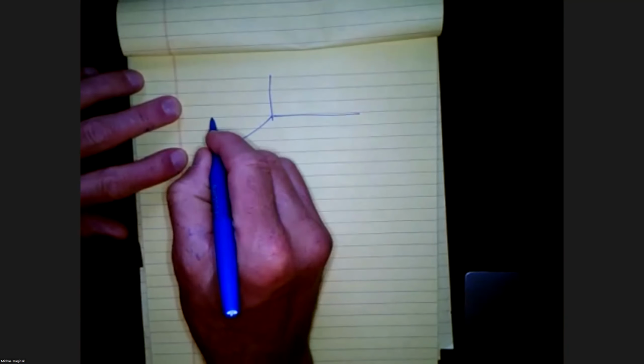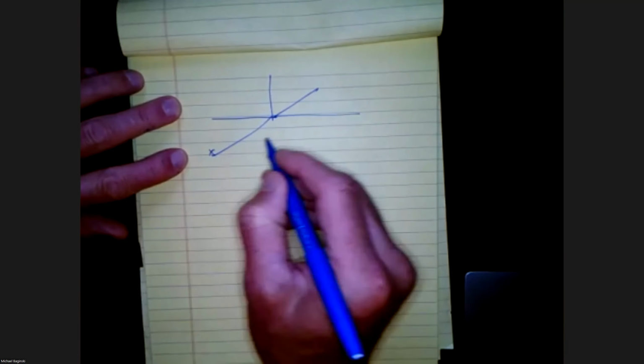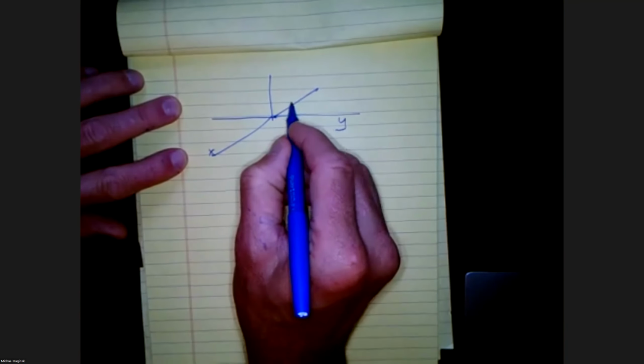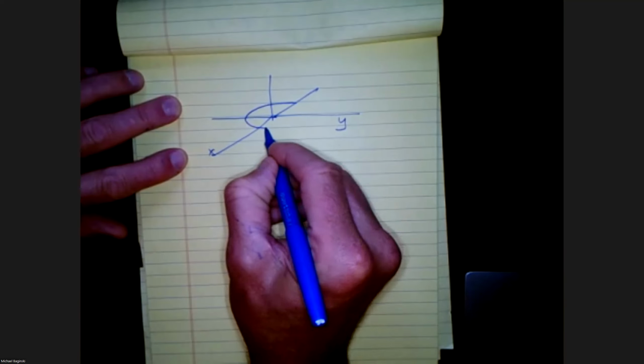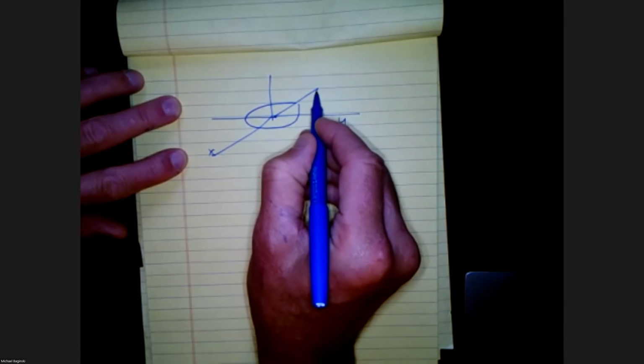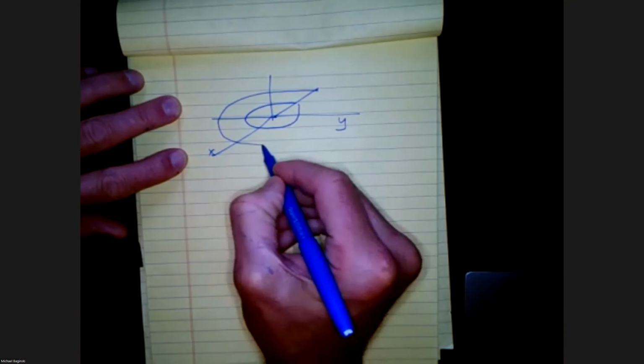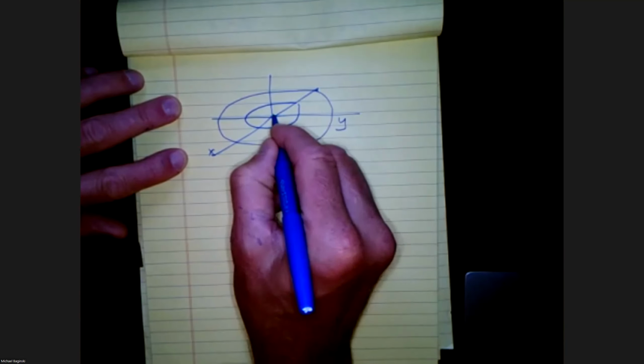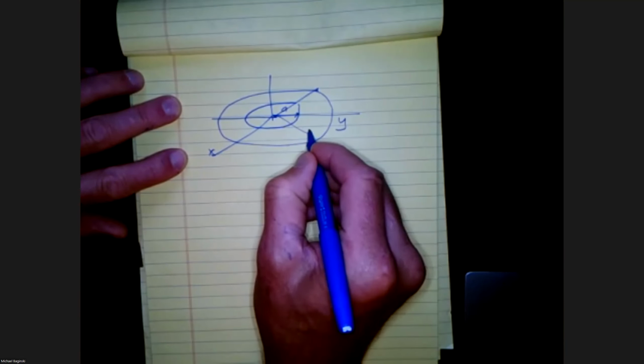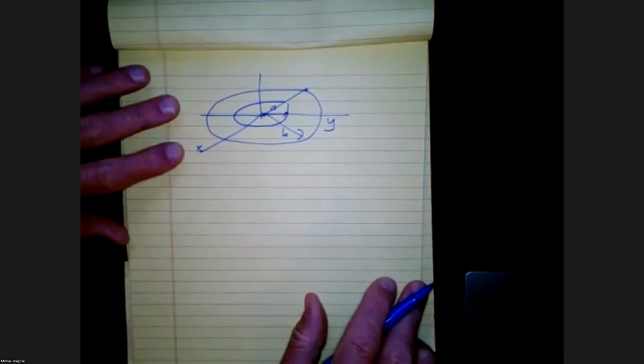So now for this loop, I bet you guys see it now. If this is X and this is Y, I have an inner radius and an outer radius where the charge exists. I'll call them A and B. It doesn't matter what they are. You all with me, class?